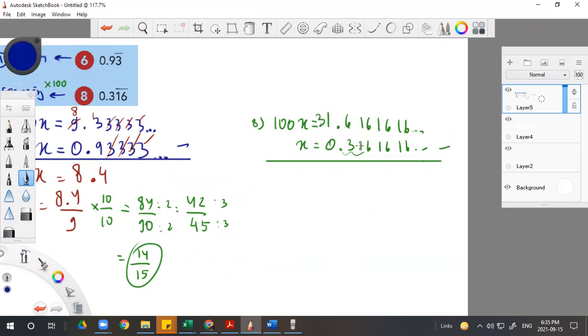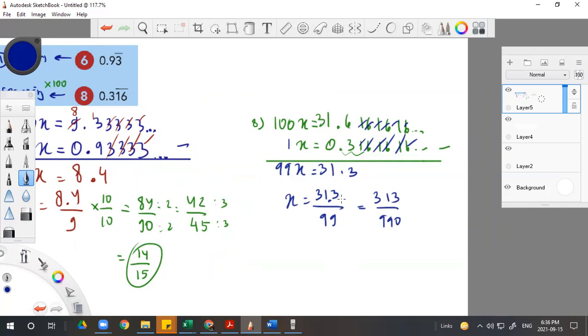You can cross, starting from here, and so on. 6 minus 3 is 3, and 31. This is 99x. Pay attention in this case. 100 minus 1, right? So x will be 31.3 over 99, or 313 over 990.